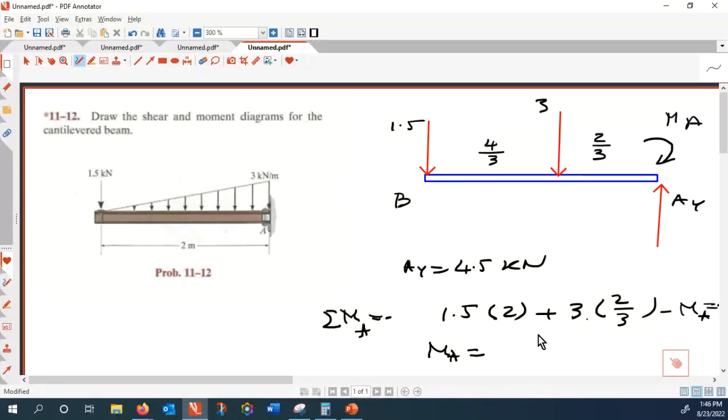Therefore, MA is equal to 3 plus 2, which is 5 kilonewton meter. Is that right? So now that is clockwise. MA is clockwise. So now I have 5 kilonewton meter here, and AY is 4.5.